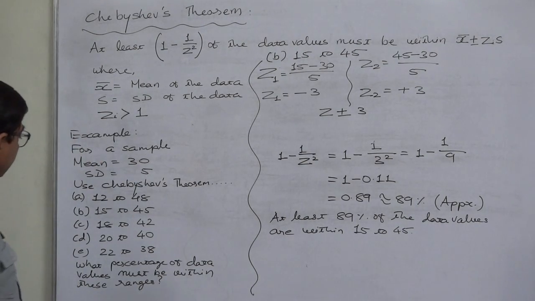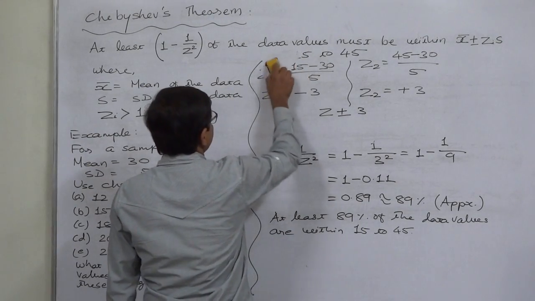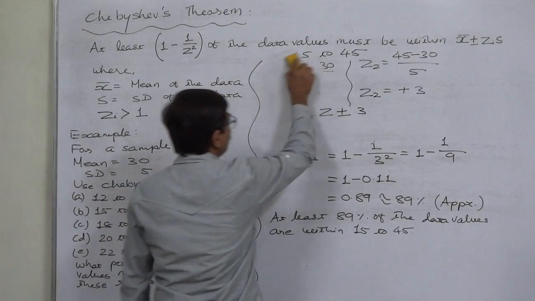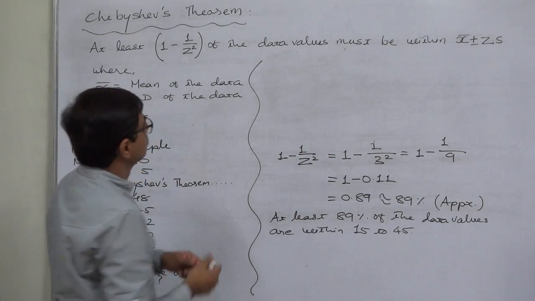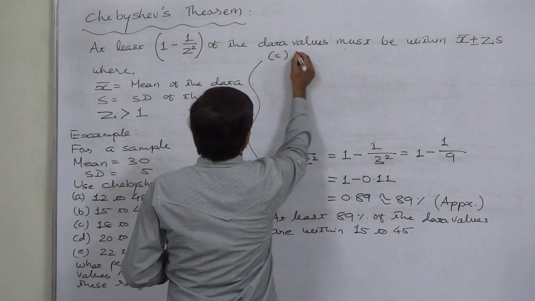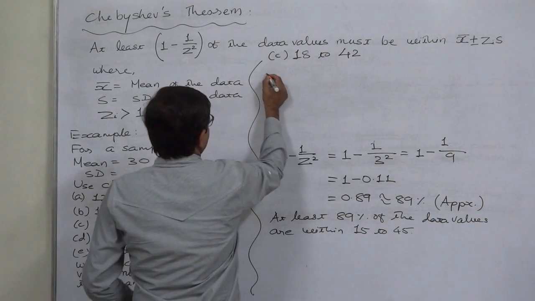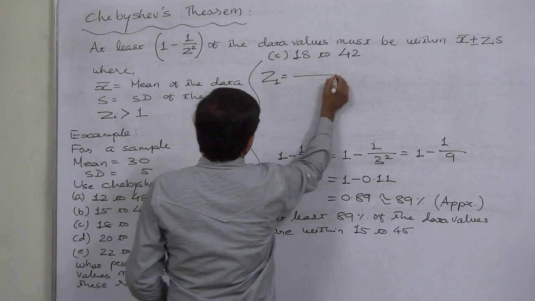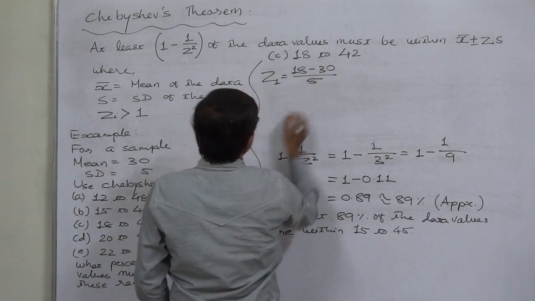Now the third range given is 18 to 42. Again, the first value of z is for 18. 18 minus 30 divided by 5.